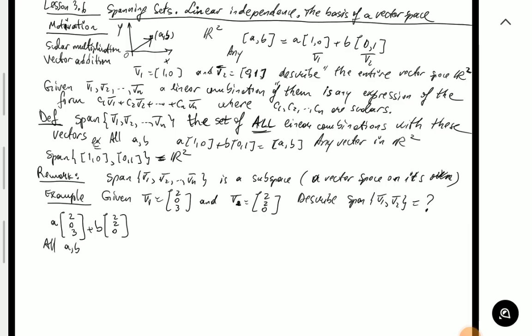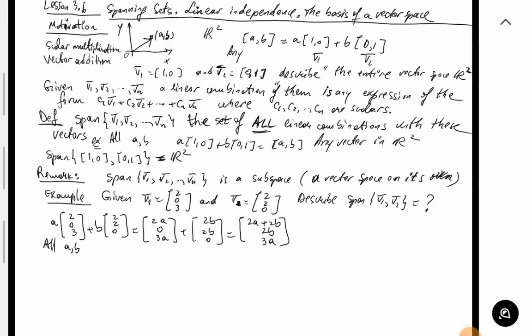Well, it's a scalar product and addition, so this gives me a vector in R3 which depends on two parameters. So let's do the scalar multiplication first: (2a, 0, 3a) plus (2b, 2b, 0), and then the vector addition.